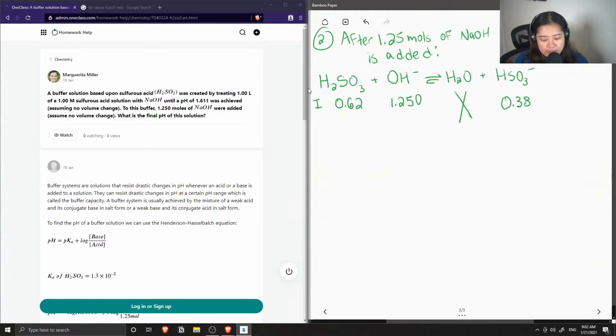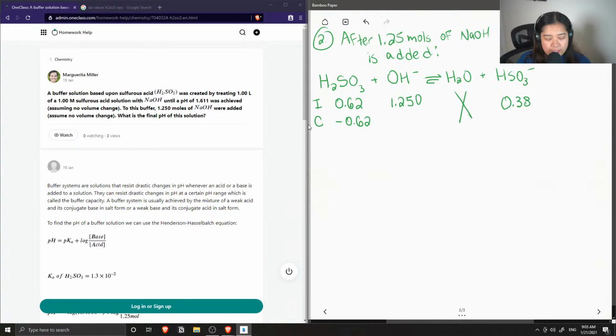And this time the change is just going to be occurring, like the reaction only occurs until we run out of our reactant, our limiting reagent, which is H2SO3. So for the change, I'm just going to say minus 0.62.